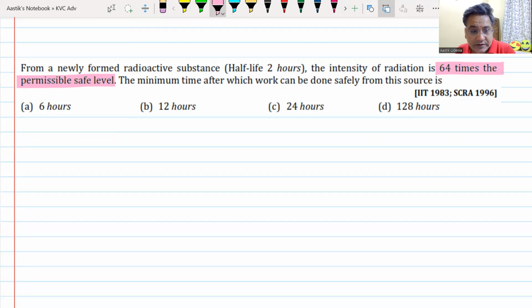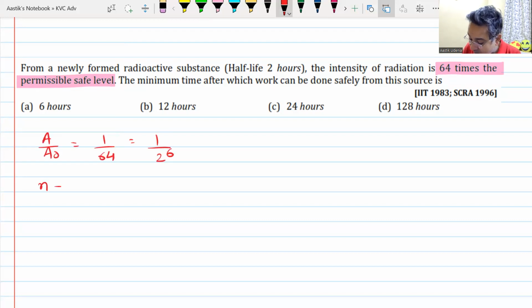So, the minimum time after which it will be safe to work from this source: it is now 64 times, so it has to become 1 by 64 times of the original. So, A by A naught should become 1 by 64. Now, it will be safe. Now, 64 can be written as 2 raised to the power of 6.